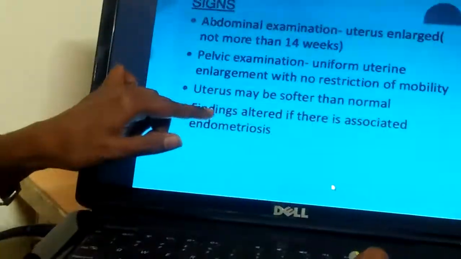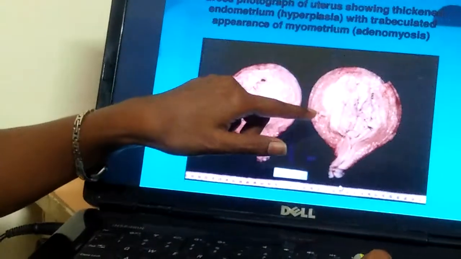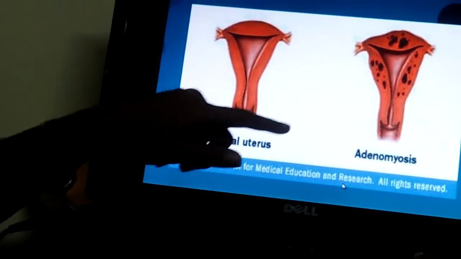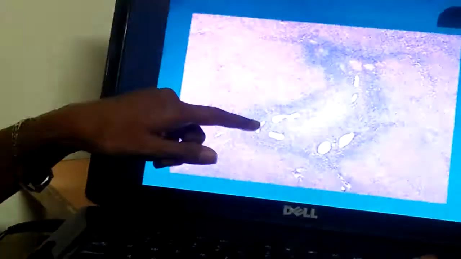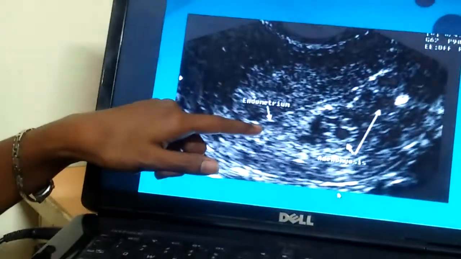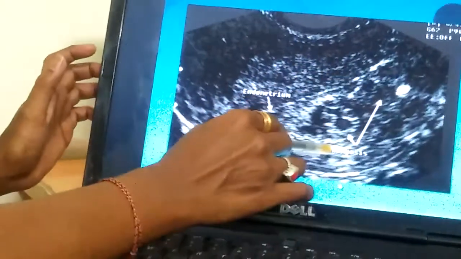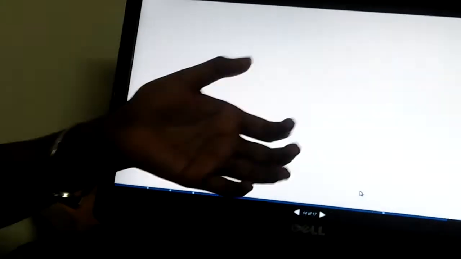This is how it is seen under sonography. These black spots are what we call adenomyosis. That is the concept. And if we do MRI, there may be an increase in the posterior wall.